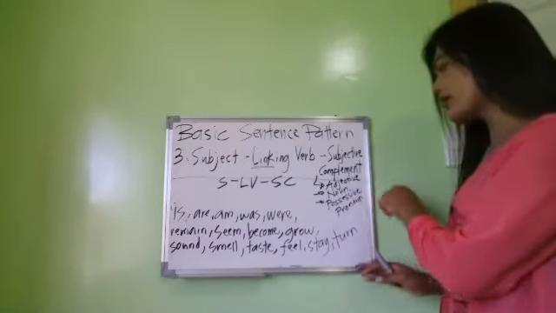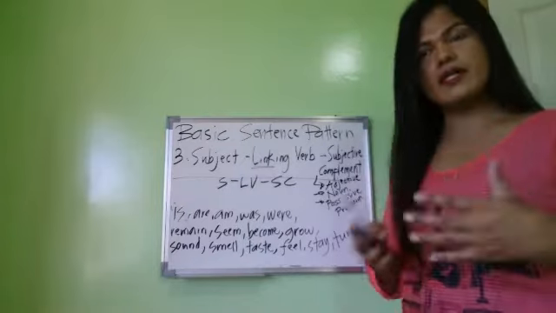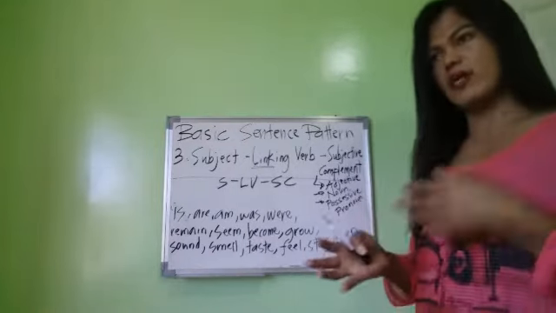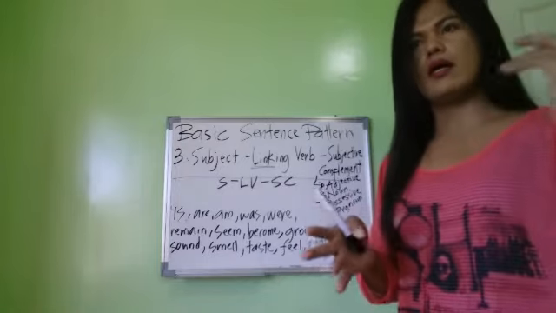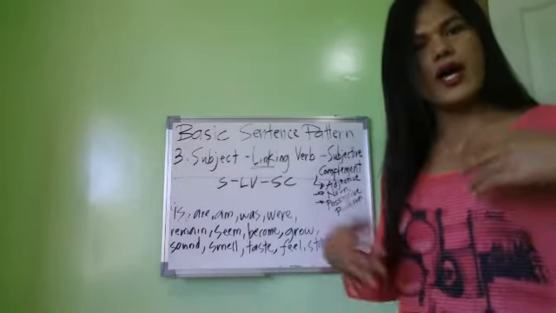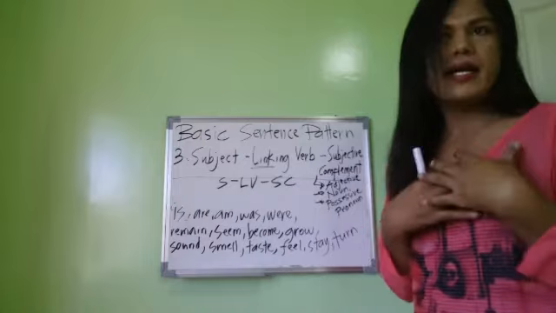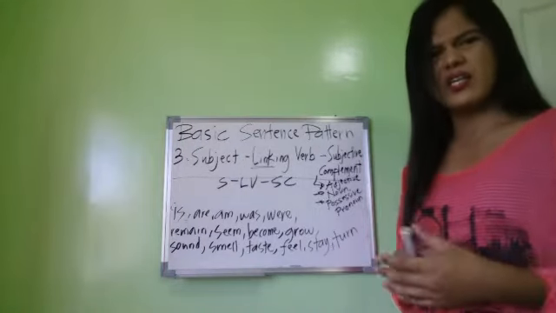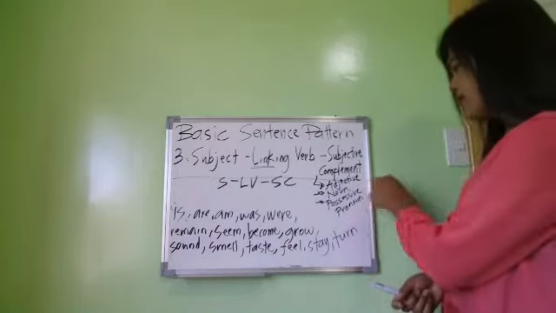So, of course, adjective, what is an adjective? So, adjective describes a noun. So, examples, we have blue, dark, shiny, honest, calm, cool, hot. Okay, so these are examples of adjective.